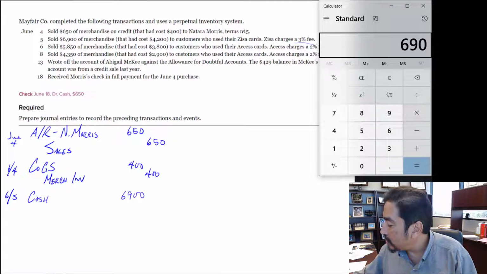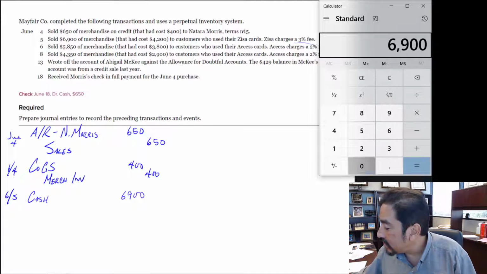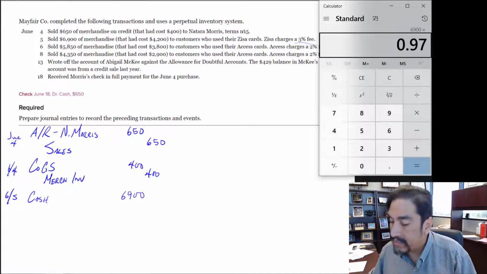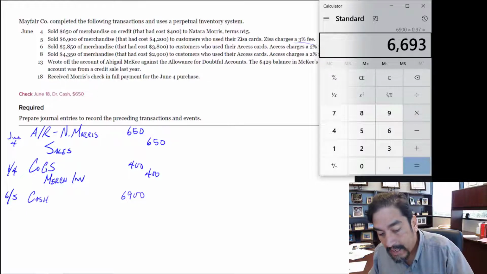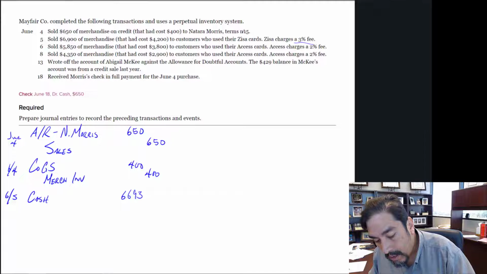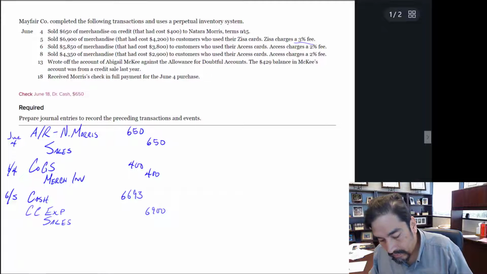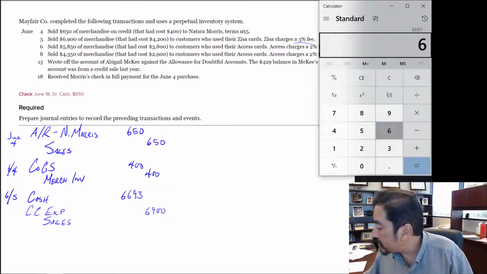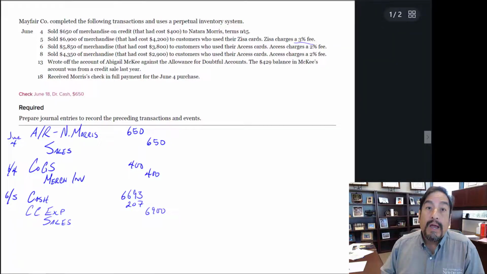So $6,900 times 0.97 is 6,693. That is what we are collecting. We're going to have a debit to credit card expense, and then we can record our sales of $6,900. What's missing is the difference, $207. There we go. That's the revenue piece.